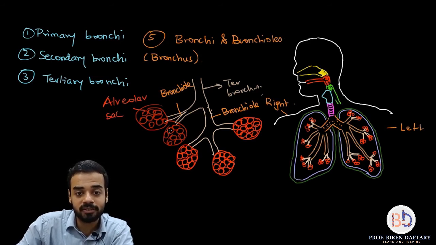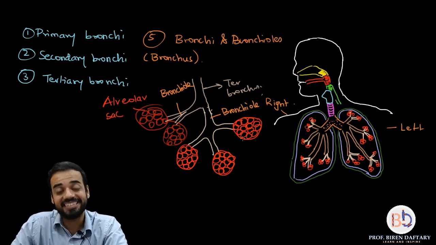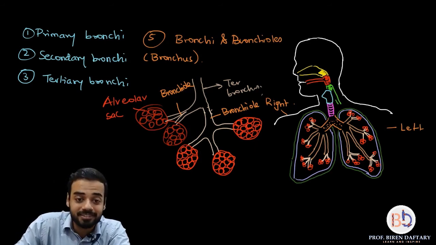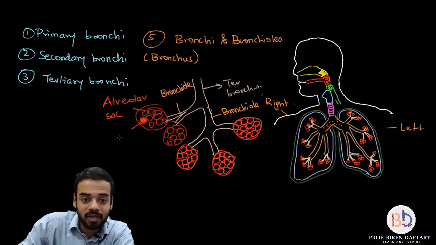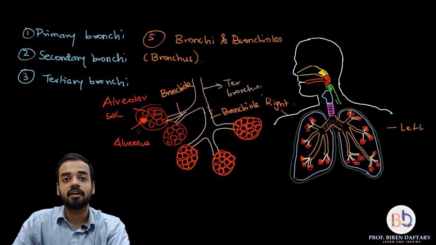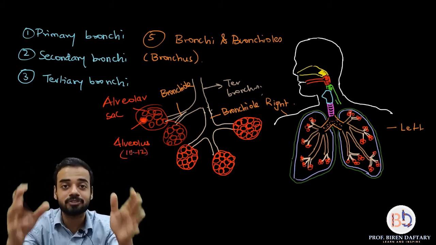This is one alveolar sac, this is another one, this is another one, and each alveolar sac is made up of alveoli. These small portions which you are seeing are called alveoli. The singular is alveolus, many are alveoli, and each alveolar sac is made up of 10 to 12 alveoli, and that is when the division stops.